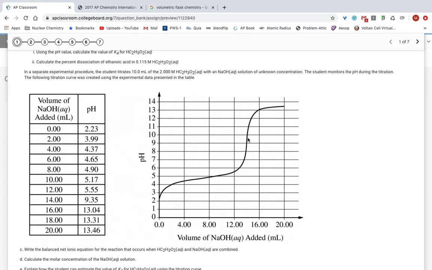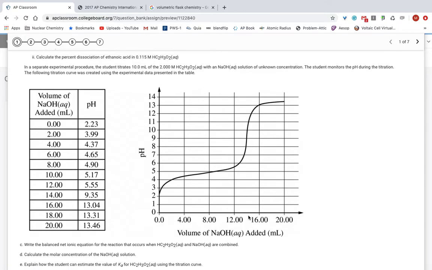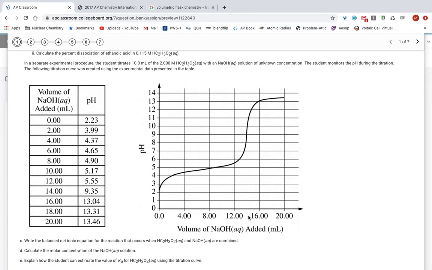At this point right here, you would have used the same number of moles of NaOH. So if we ever want to know this concentration of NaOH, we could do a little MVMV where we have this molarity and this volume of our acid equals our milliliters here, about 14 milliliters. So we could do MV on that side and figure out the concentration of the OH negative in that case.